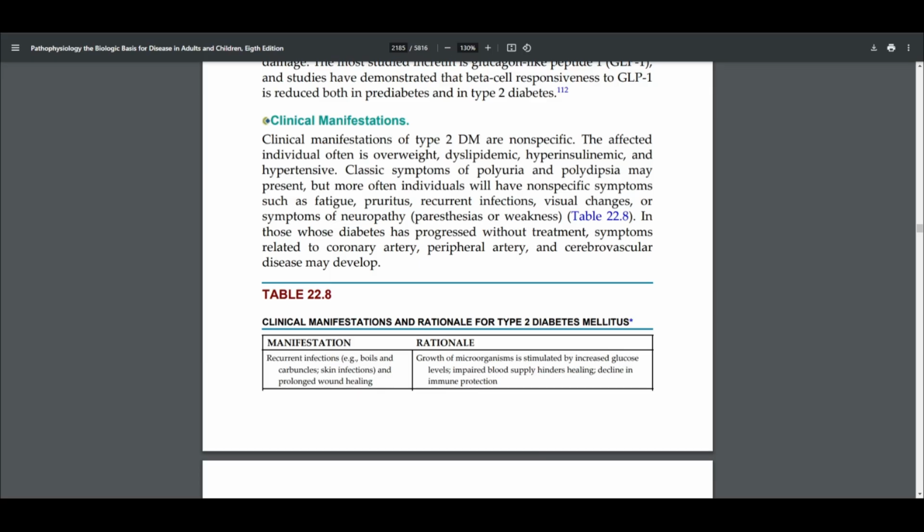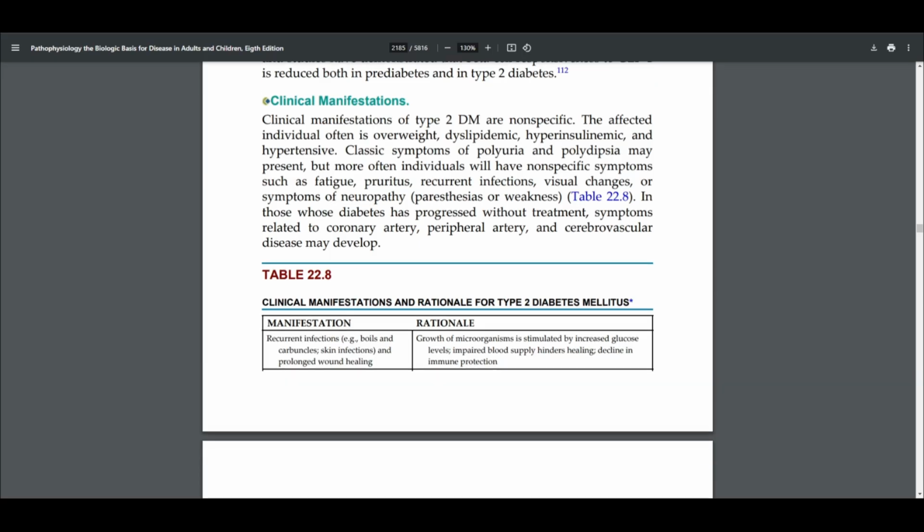So what are our clinical manifestations? The clinical manifestations of type 2 diabetes are nonspecific. The affected individual is often overweight, dyslipidemic, hyperinsulinemic, and hypertensive.